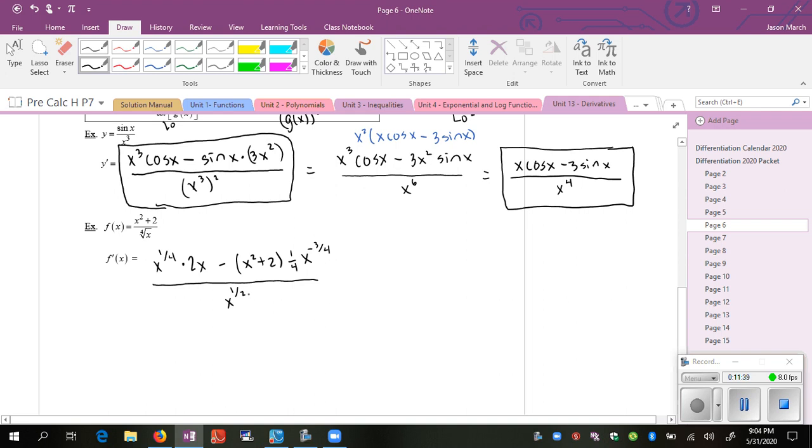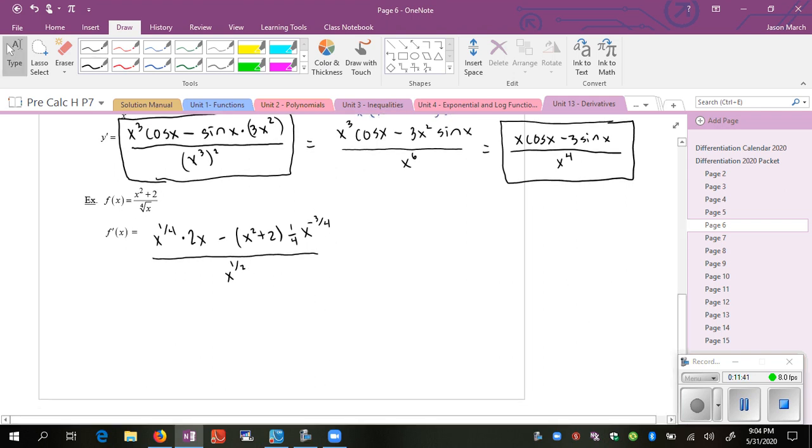Okay, so we could clean this up a little bit. Again, I can combine, multiply some of my exponent terms here. So right here, I could really have that as 2x to the 5/4, minus, I could distribute into the parentheses here and call that a fourth x to the, so negative 3/4. Remember, property of exponents there, I'm going to add.